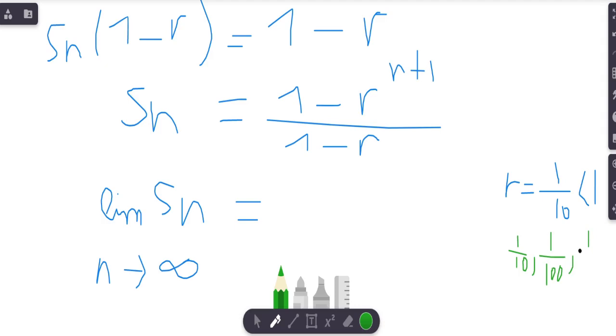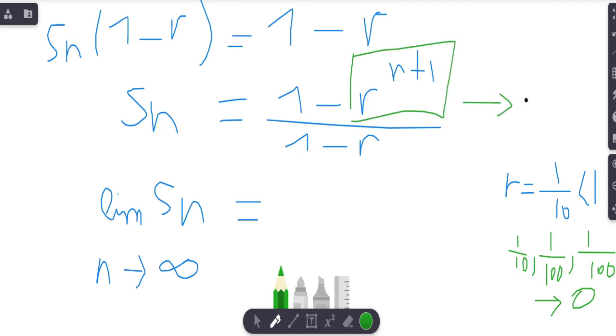And then you have 1 divided by 1000. So it is going to 0 here. Okay. So r to the n plus 1 goes to 0 when n goes to infinity.